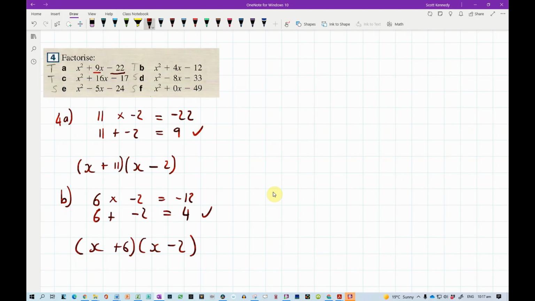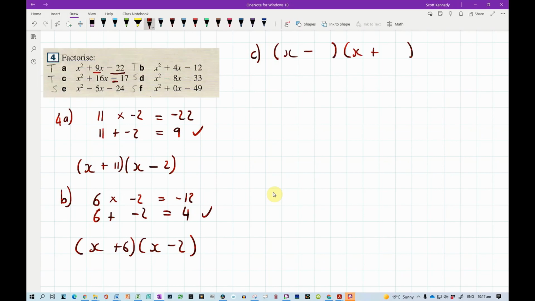Let's move on to part C. Factors of 17. Well, it's a prime number, so that's nice and easy. And we need the factors. So the negative here tells us if we've got mixed brackets. So we definitely want minus for one, so x minus something, and we want a plus for the other.